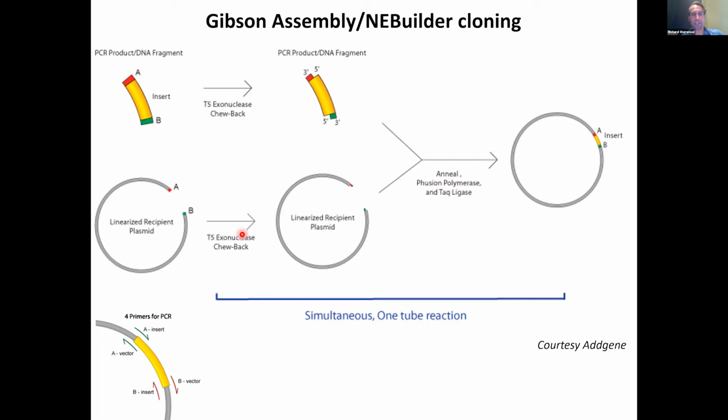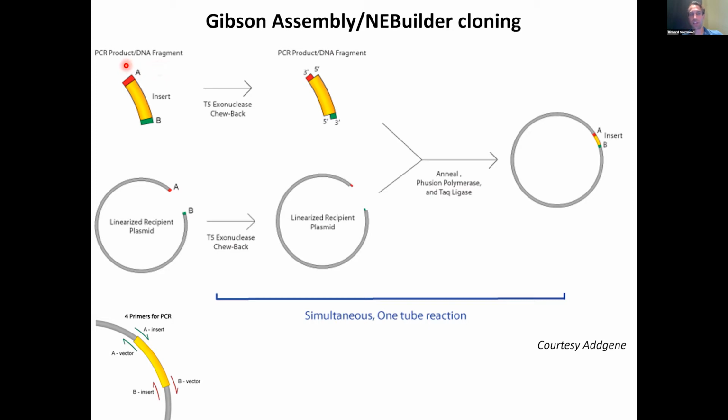The difference here is that the recipient plasmid is linearized, usually using restriction enzyme sites, and that part is retained. However, when you PCR amplify the part that you want to add in, the donor or insert, you don't even need to put restriction enzyme sites.